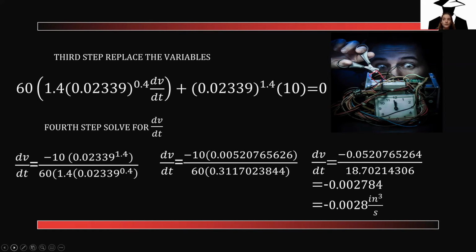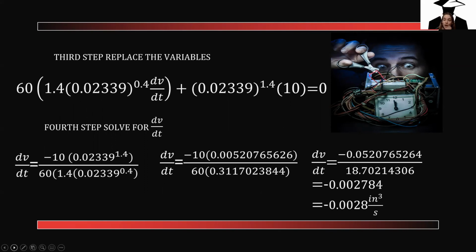So we're going to move the 0.02339 to the 1.4 times 10 to the other side, and that will give us negative 10 times 0.02339 to the 1.4. And then we know that 60 times 1.4 times 0.02339 to the 0.4 is multiplying the variable that we need, which is the rate of change of volume.